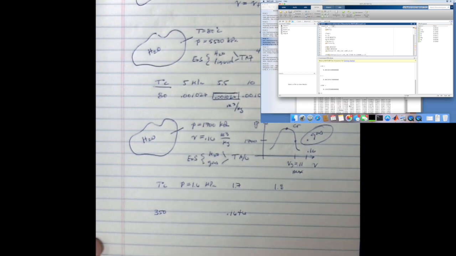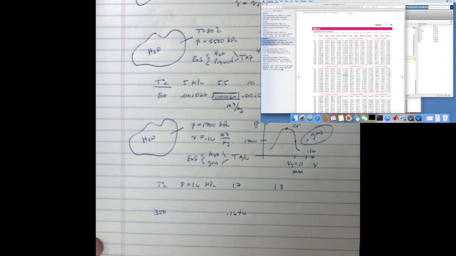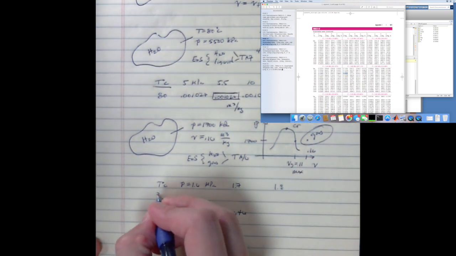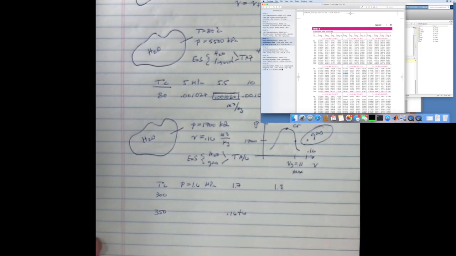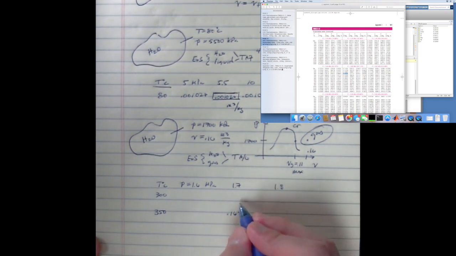Let's go over and take a look. For us to get something now that's smaller, we would have to go up. So we're going to be interested in 300 now, and grabbing a value at 300. Our value that we're interested in is 1.6.